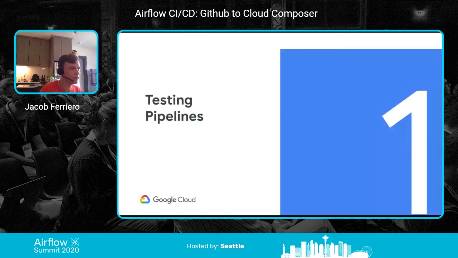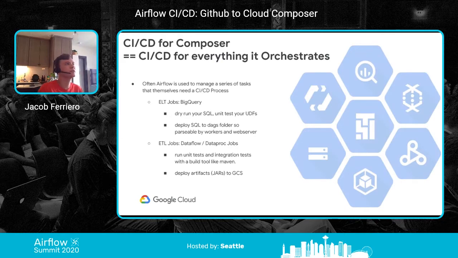Okay, let's talk about testing pipelines, which is our first step. CI/CD for Composer is CI/CD for everything it orchestrates. It doesn't matter if we deploy good DAGs if they run bad SQL queries or bad Dataflow jobs.